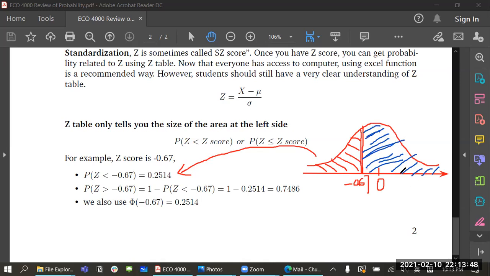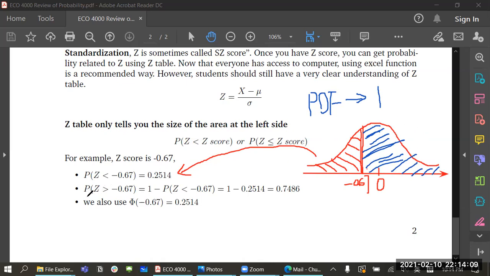So what do I need to do? It's not that hard, because we always know that the area under the PDF has to be 1. So I simply use 1 minus the red area to get the blue area.